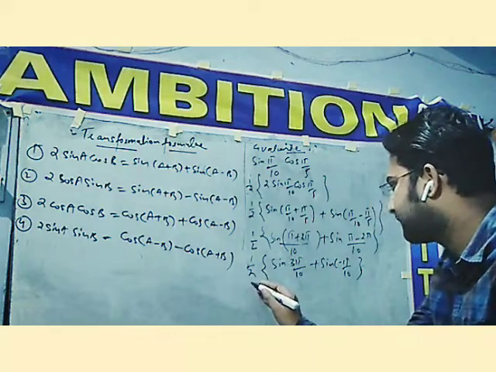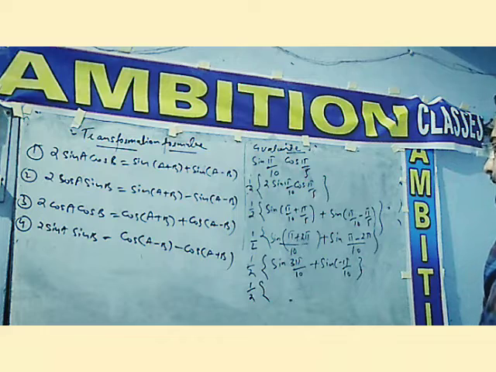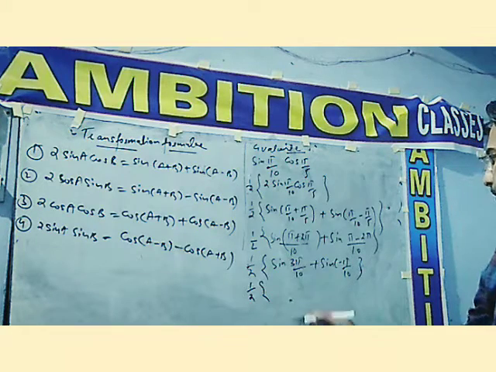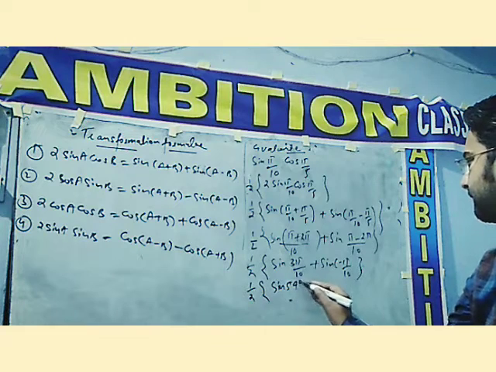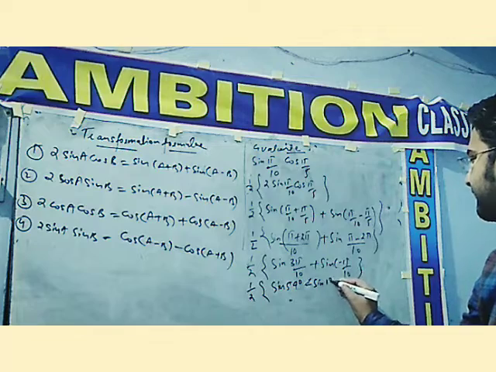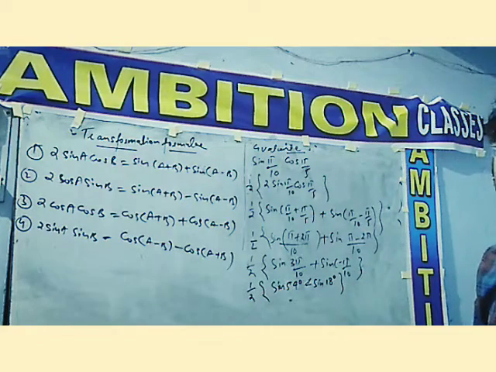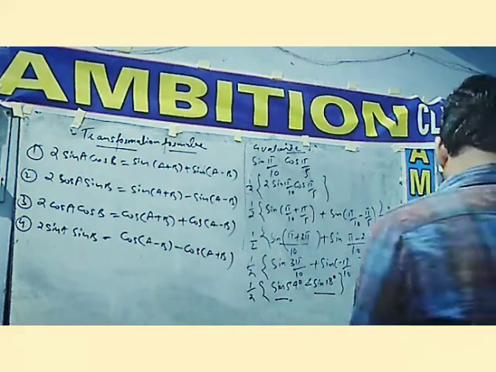Okay, students, now let's continue. Pi means, students, 180, and 3 pi by 10 means 54 degree. So sine 54 degree minus sine 18 degree. Okay, students, we have the exact value for sine 54 and sine 18.